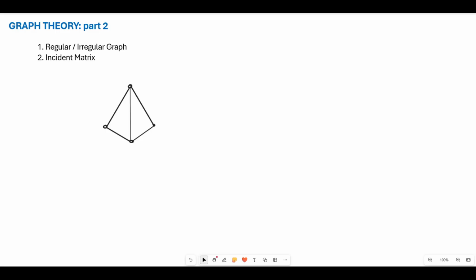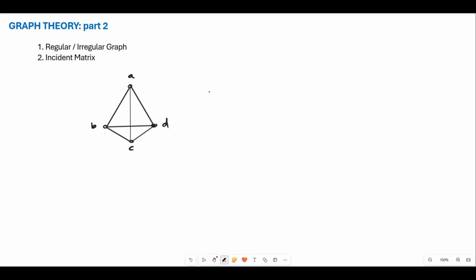For example, node A is connected to nodes B, C, and D. Similarly, node B is connected to A, C, and D. Node C is connected to B, D, and A, and node D is connected to A, B, and C. So all nodes are connected to the remaining nodes of the graph.